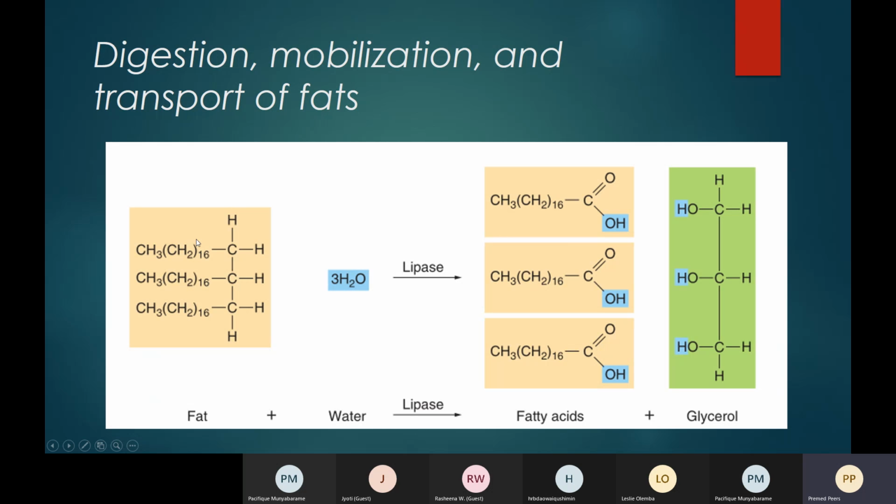Here's a triglyceride, with three of these chains linked up here. Your pancreas secretes lipase, which breaks this bond. It's an ester bond. So it breaks it up and we get what we started with, a glycerol and 3 fatty acids.